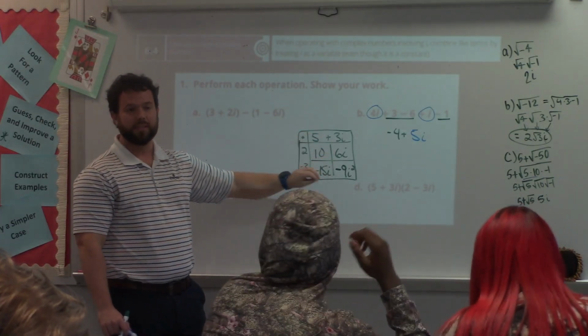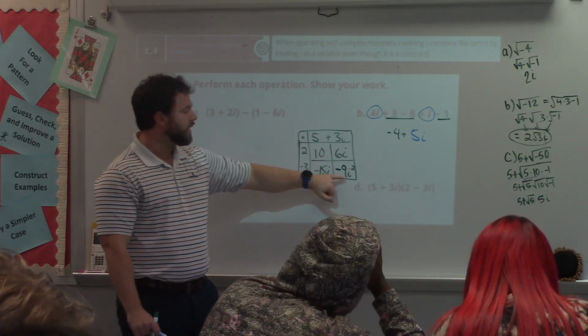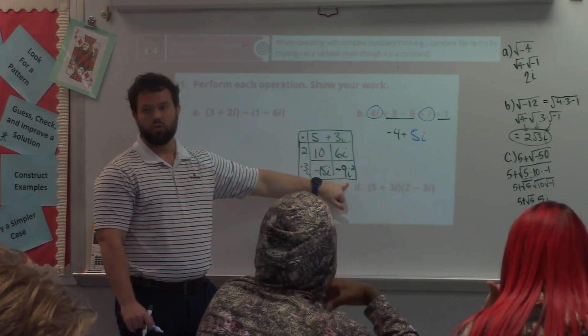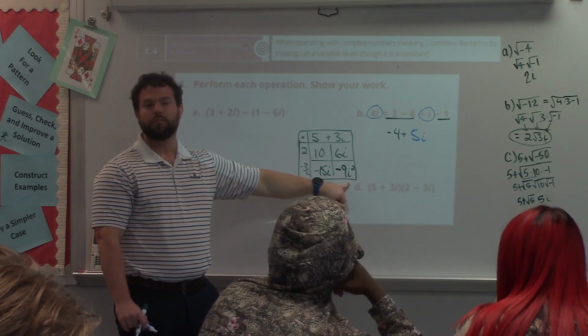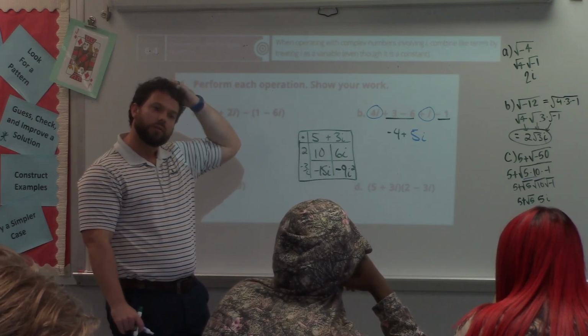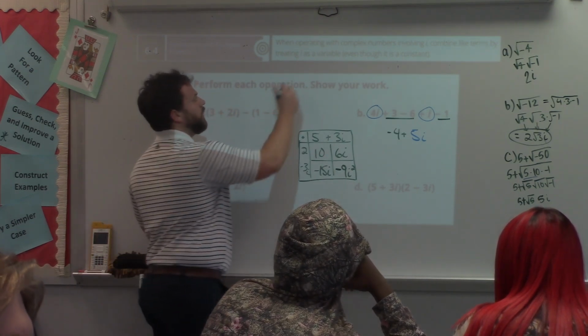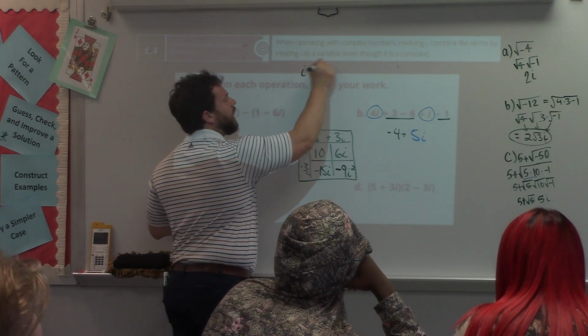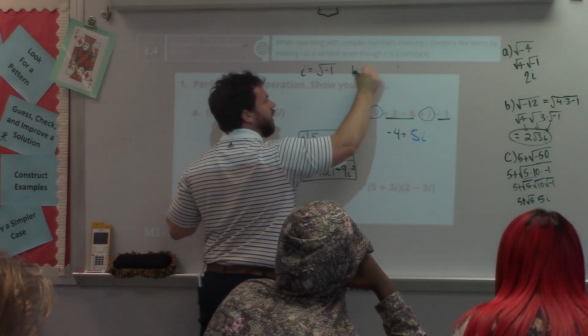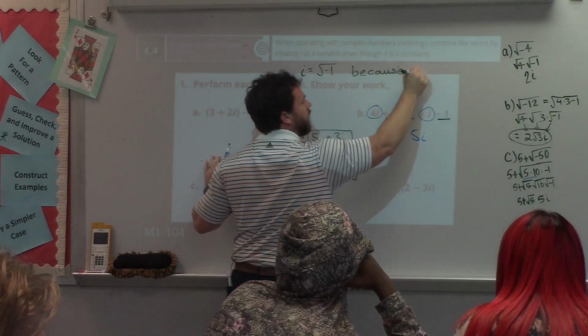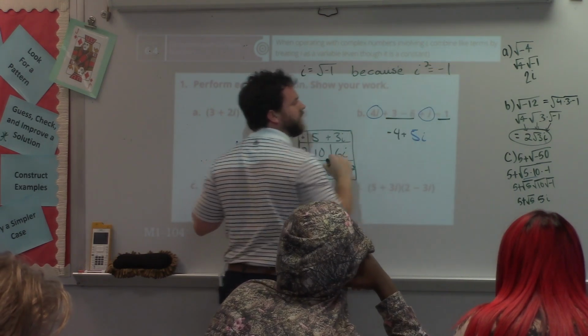Listen, when you get i squared, you don't leave it as i squared. Because what is i squared? Remember, i was the square root of negative 1 because i squared is negative 1.